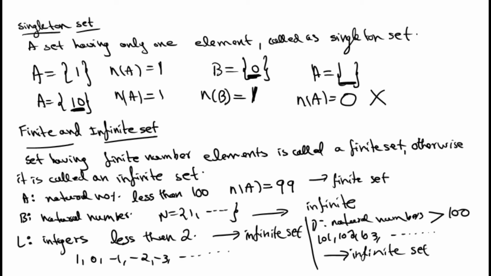Natural numbers less than 100 is an example of a finite set, because we know natural numbers start from 1, but natural numbers greater than 100, we can't find the end, right? We don't know where it will end. So natural numbers greater than 100 is an example of an infinite set. Okay, just to remember, finite set means a set having a finite number of elements or countable number of elements. Infinite set means a set having infinitely many elements.